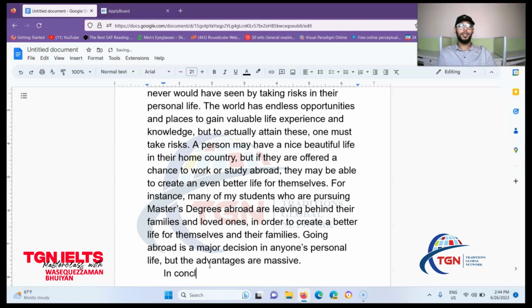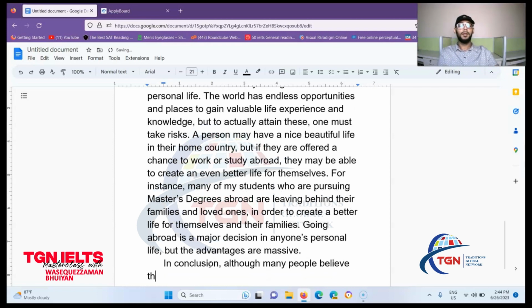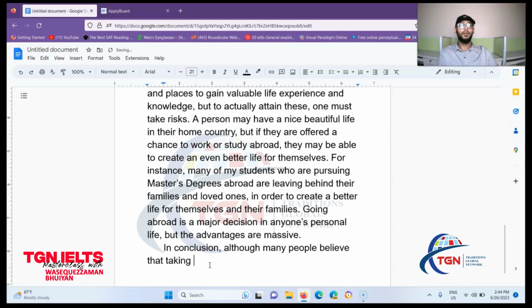In conclusion, although many people believe that taking risks is a bad idea, the reality is opposite.